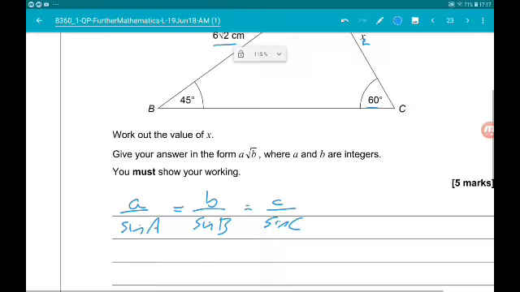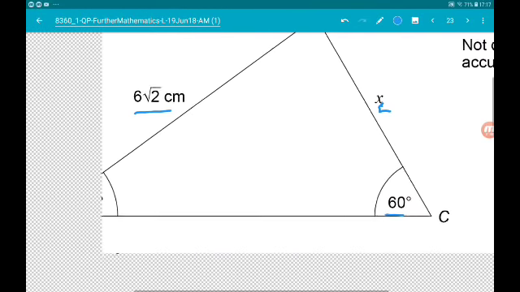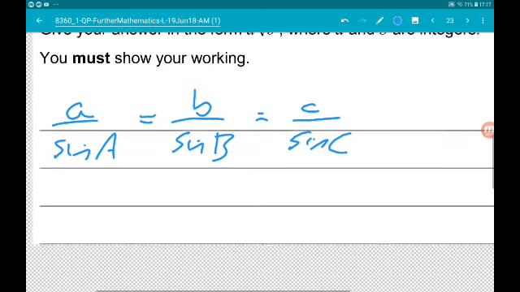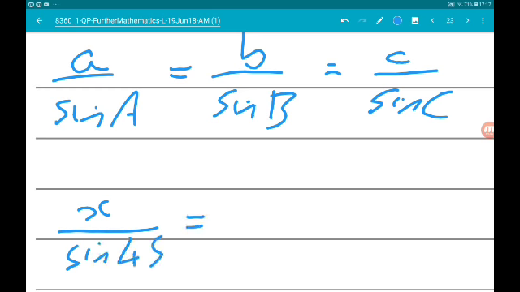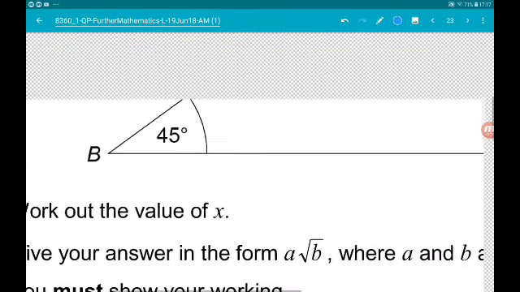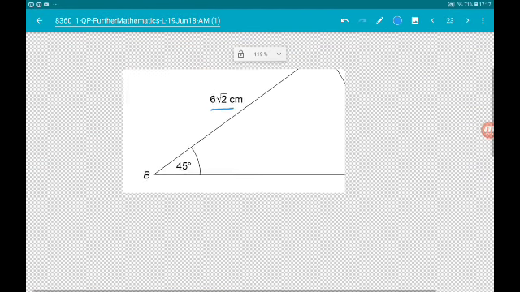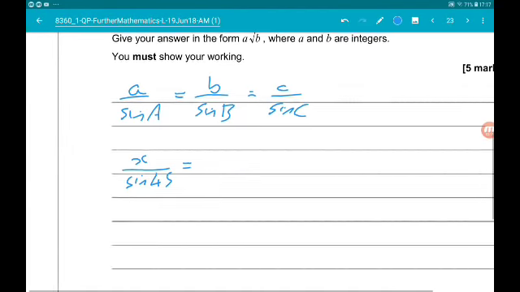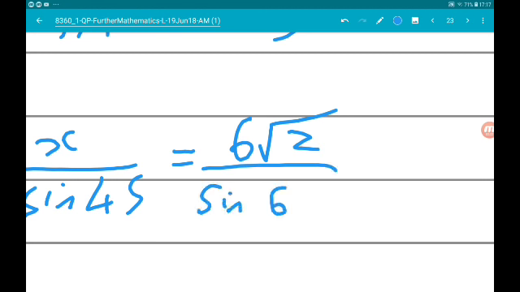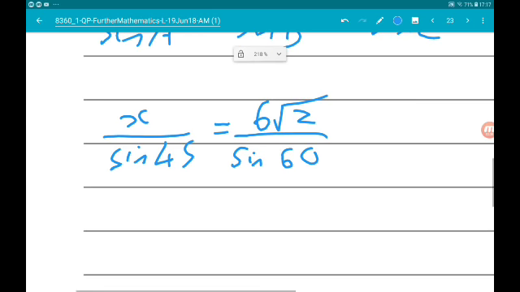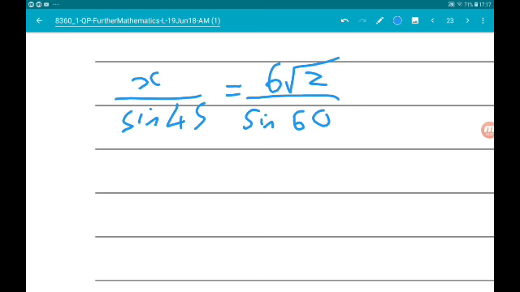So using that, we can say that x over sine of 45 is equal to 6 root 2 over sine of 60.